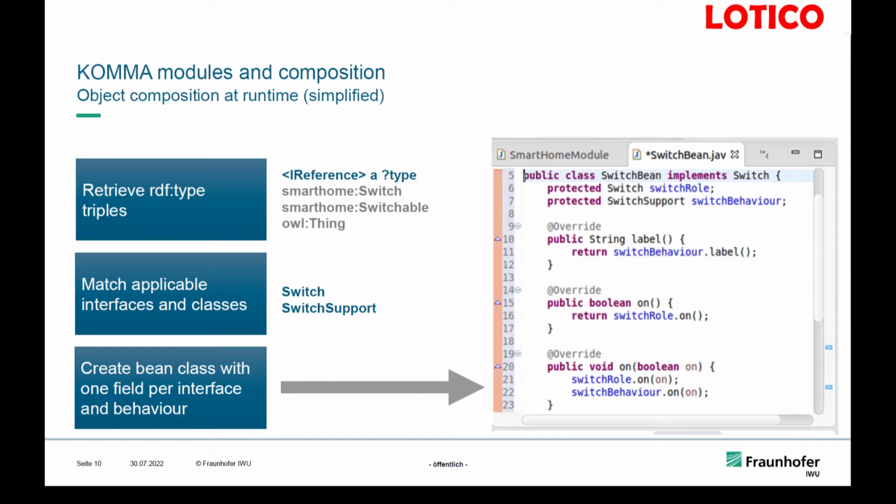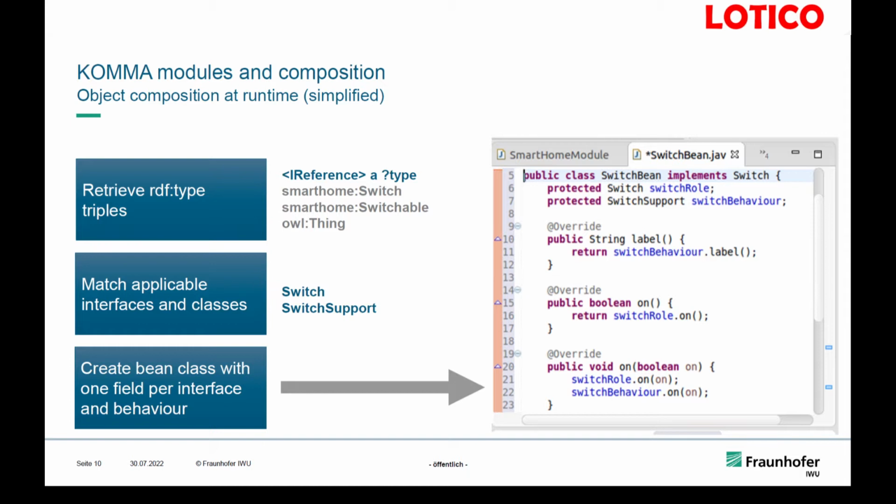So we have an instance of this switch interface, we have an instance of the switch behavior, and we have the methods which are defined on those interfaces, like label and on and a setter for the on property, and those methods of the bean just delegate to the methods of the respective interfaces or behaviors.